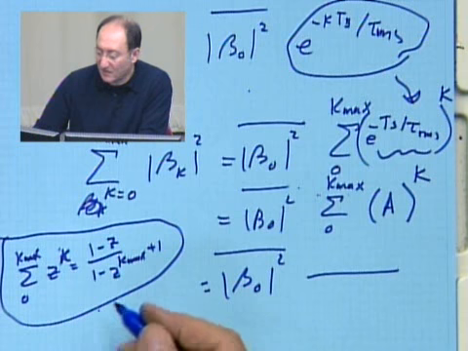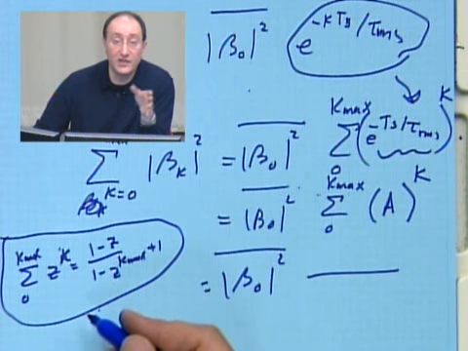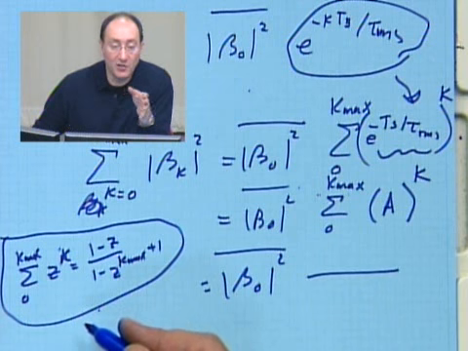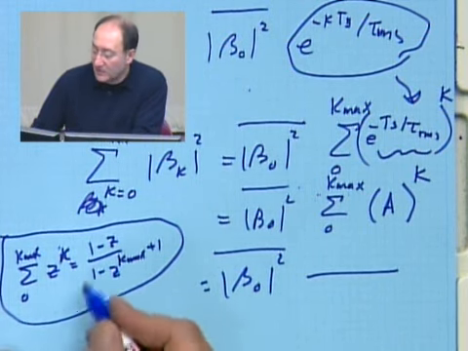Okay, if you want to find these things, go to the definition of the z transform in Oppenheim's book. He has a lot of these summations. But this is one of them.